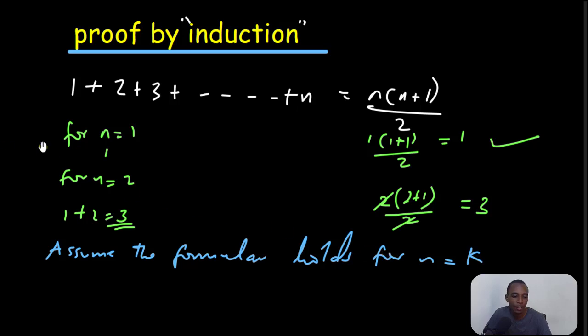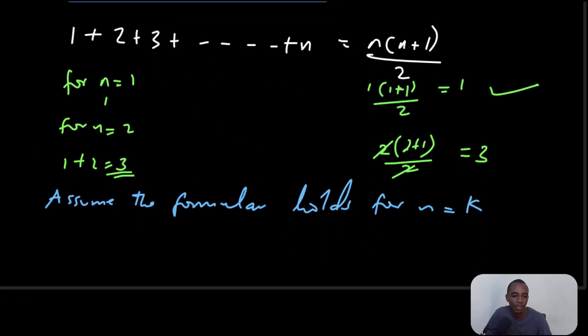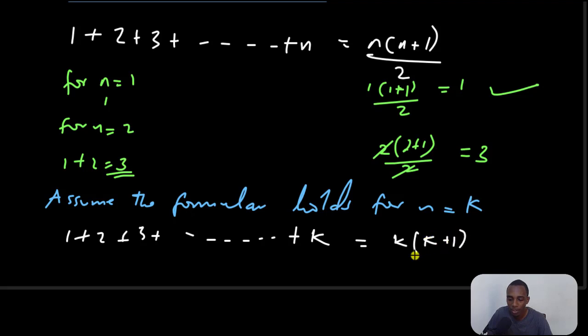So let's suppose the formula holds for n equals k. That means if I have 1 plus 2 plus 3 plus, any number of terms here, plus k, it should give me k into k plus 1 divided by 2, okay?